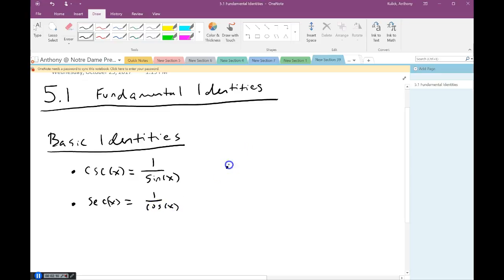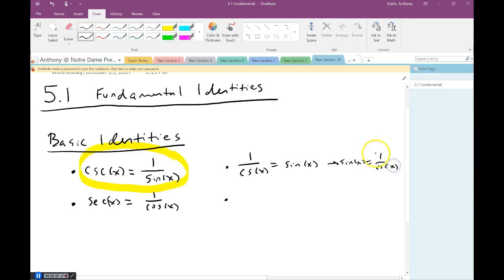And now, kind of trivially, we can take this first identity, and if we do the reciprocal of both sides, you have like 1 over cosecant x is equal to sine x, or you could just write it sine x is 1 over cosecant x.